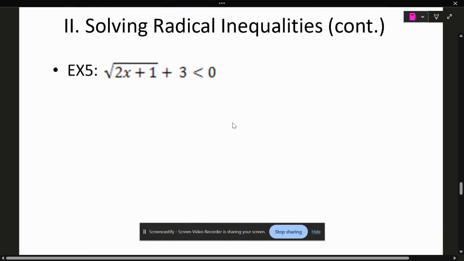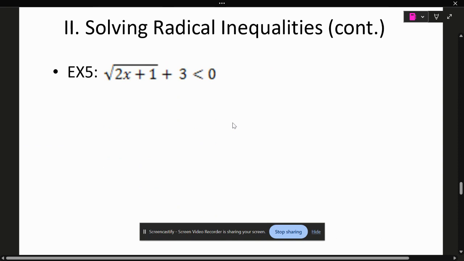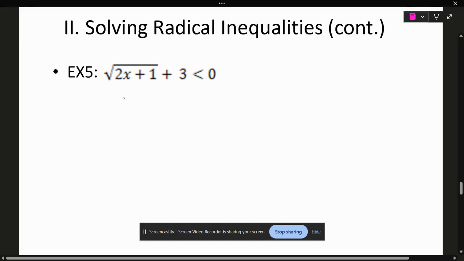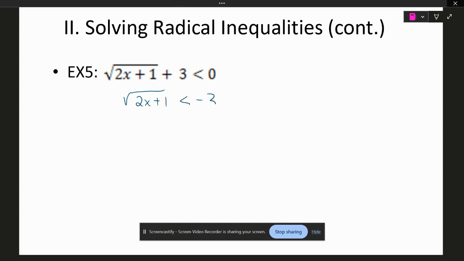All right. Take a look at example number 5. I'm going to walk you through this a little bit. This is going to be one of our no solution type of situations. So if I want to get the square root by itself, in this case, I'll have the square root of 2x plus 1 is less than negative 3.